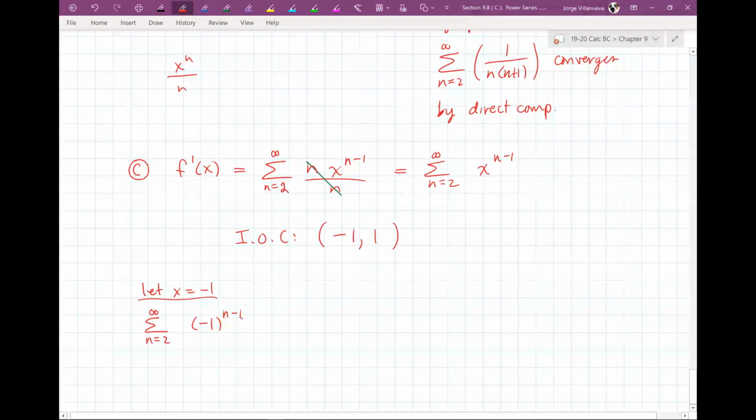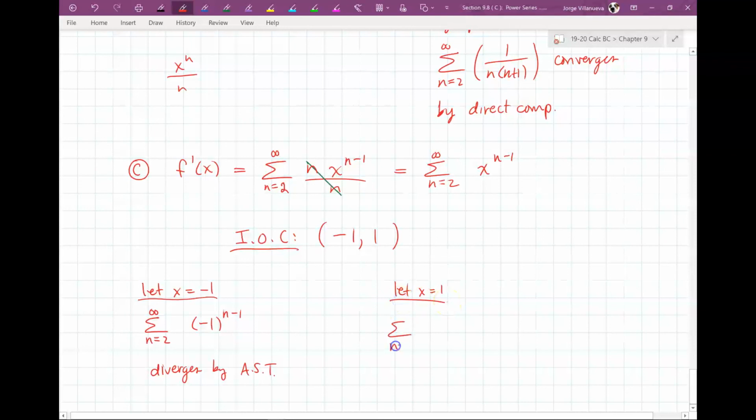I'm going to have to use an alternating series test. Is it going to pass part A? No. This diverges by AST. So it's going to stay open on the left. What about if I let x equal 1?